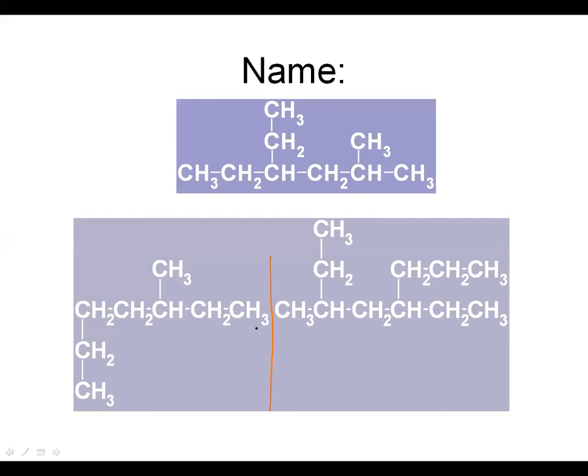Okay, let us start going through and seeing how we're doing. Let's start with the top one. And again, we want to figure out the longest continuous carbon chain. So if we just do the straight way, we got 1, 2, 3, 4, 5, and 6. Now, if we go straight 1, 2, 3, 4, 5, and go upwards, 6.